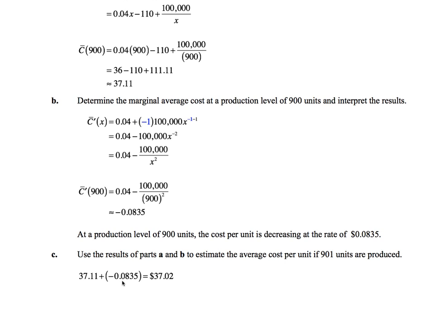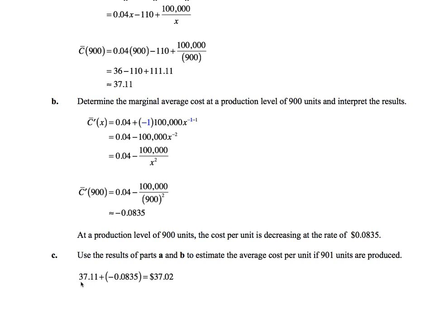And so we add that decrease in cost to the cost for the 900, and this is the estimation of what the average cost per unit is going to be if we increase our production by 1 unit.